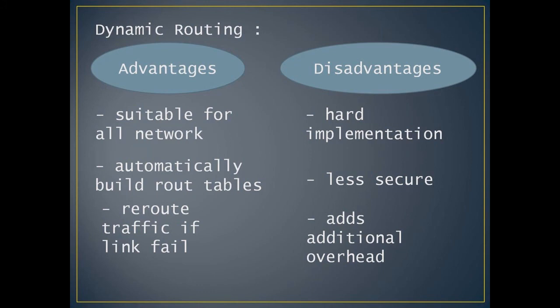Moving forward, reroute traffic if a link fails. Why do I say dynamic routing is better than static routing? One of its advantages is that it will automatically reroute if a link fails.